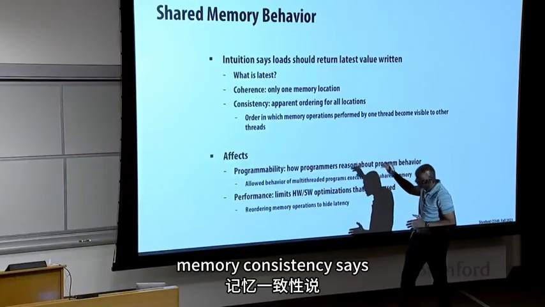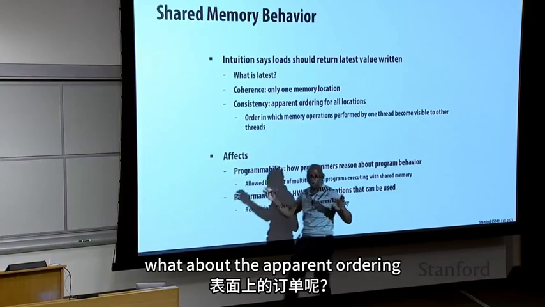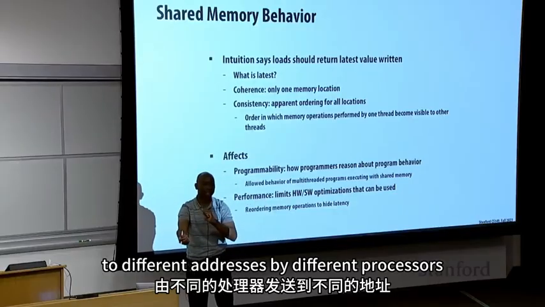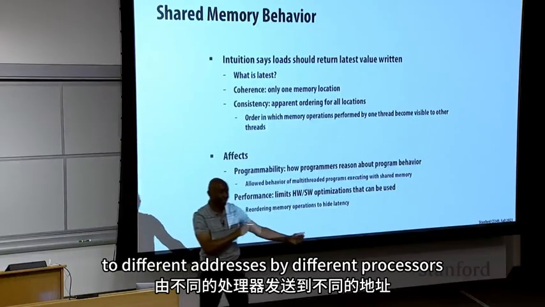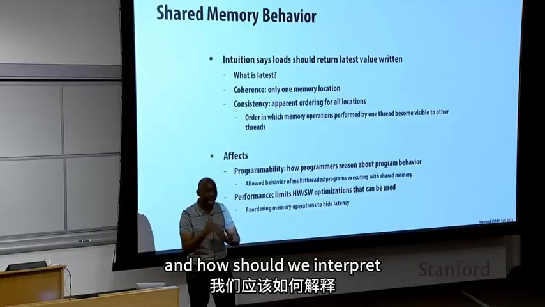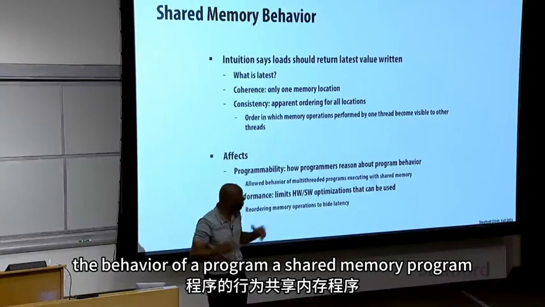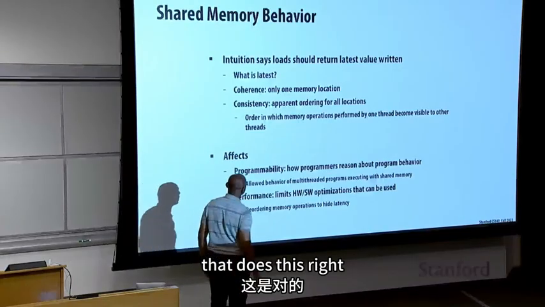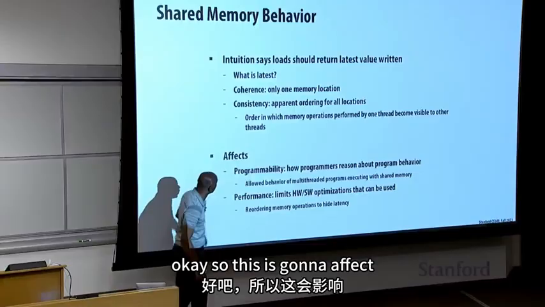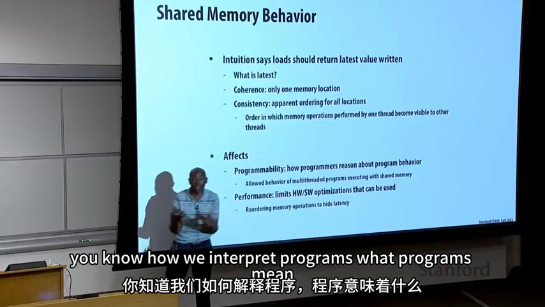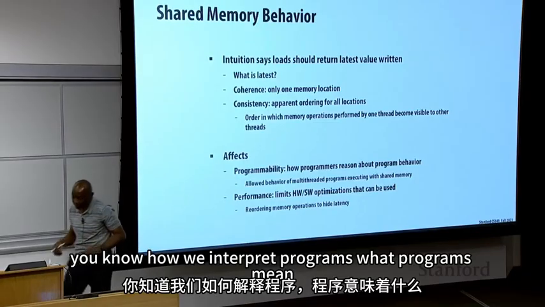Memory consistency asks, what about the apparent ordering of reads and writes to different addresses by different processors? How should they be ordered, and how should we interpret the behavior of a shared memory program? This affects what programs mean.